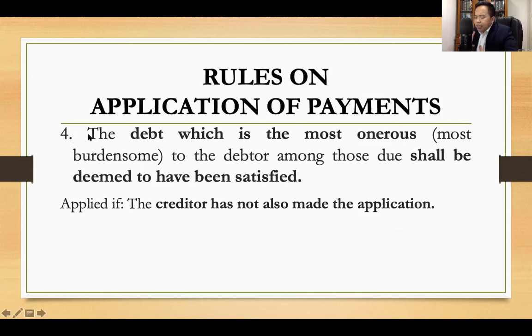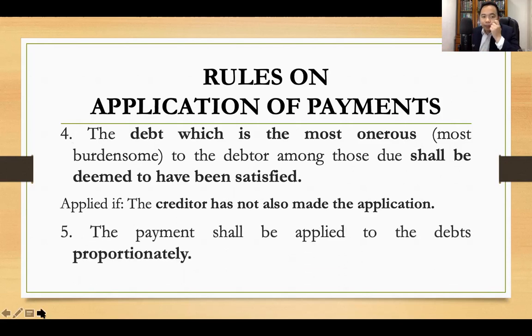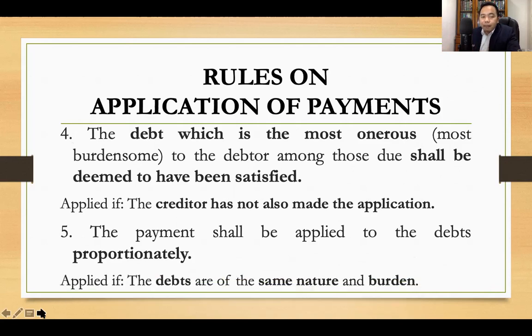So in case that the debtor and the creditor fail to exercise the right to make the application, then you apply the payment to the most onerous debt, assuming that there are several debts that are due. Okay? Now, the payment shall be applied to the debts proportionately, if the debts are of the same nature and burden.